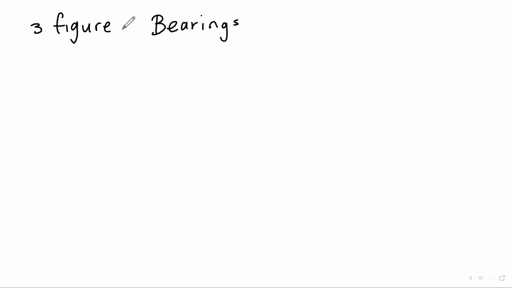So that means if it's any angle less than 100, you would have to use 3 figures, right? So for instance, a bearing of 45 degrees would be written as 045, right? So you must use 3 figures for it.